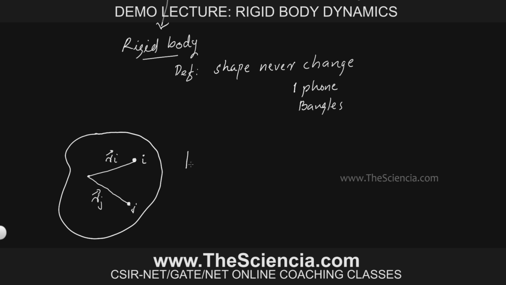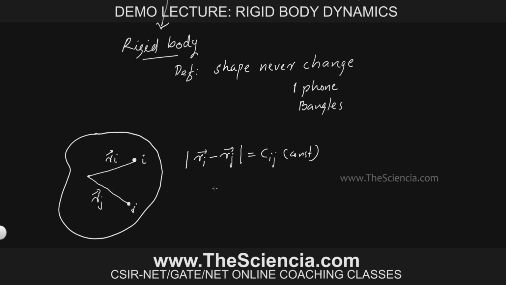So the magnitude of ri vector minus rj vector should be equal to a constant value, Cij is constant. This is the mathematical condition for a rigid body.